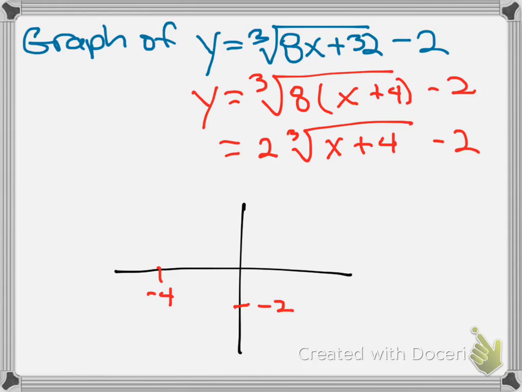And finally, because we are multiplying our function by 2, that means we are compressing it. And so now I can go ahead and sketch my graph. There is no reflection here. So if here's my starting point, my function is going to look a bit like that.